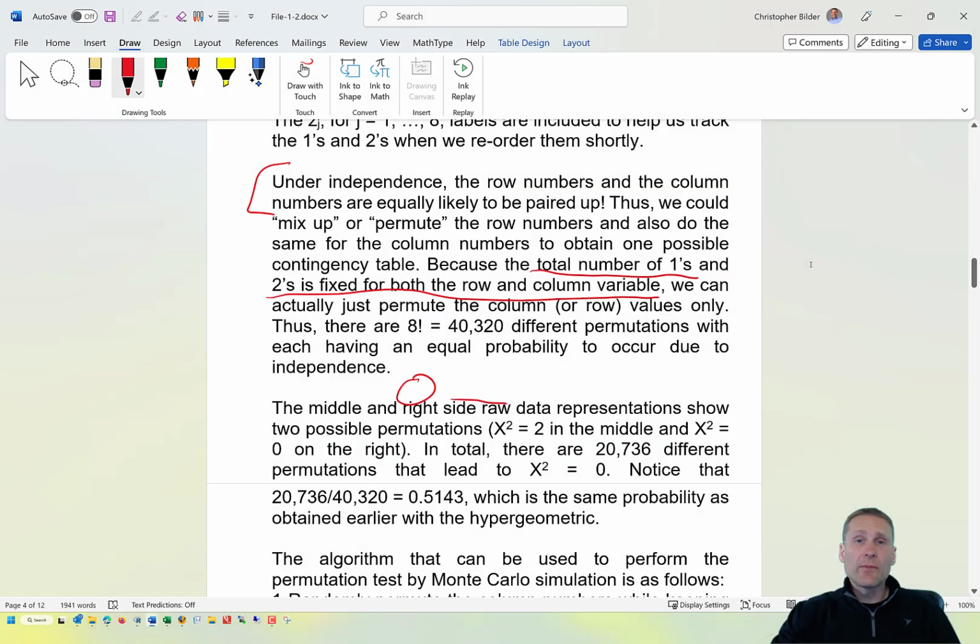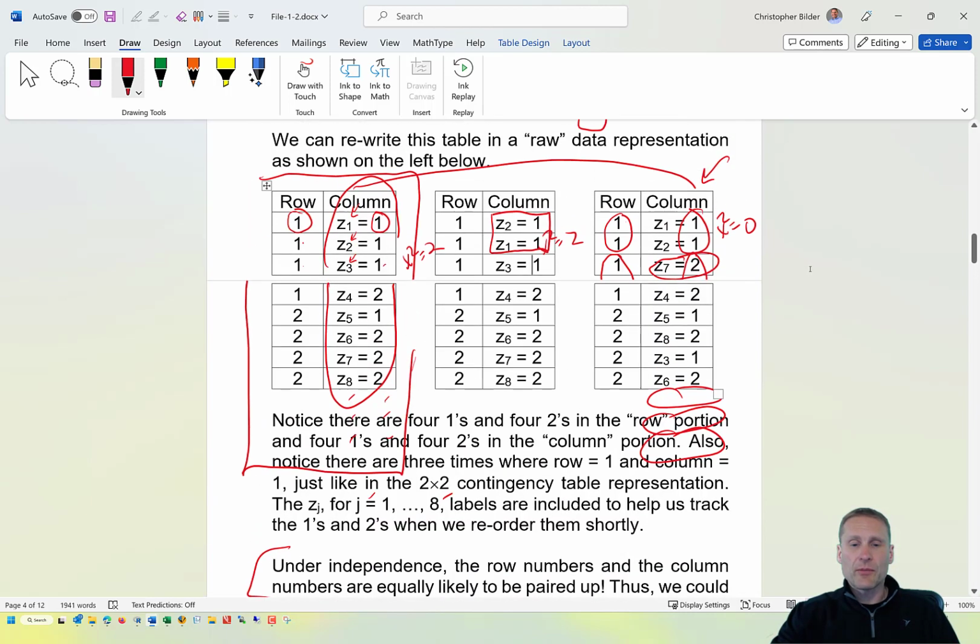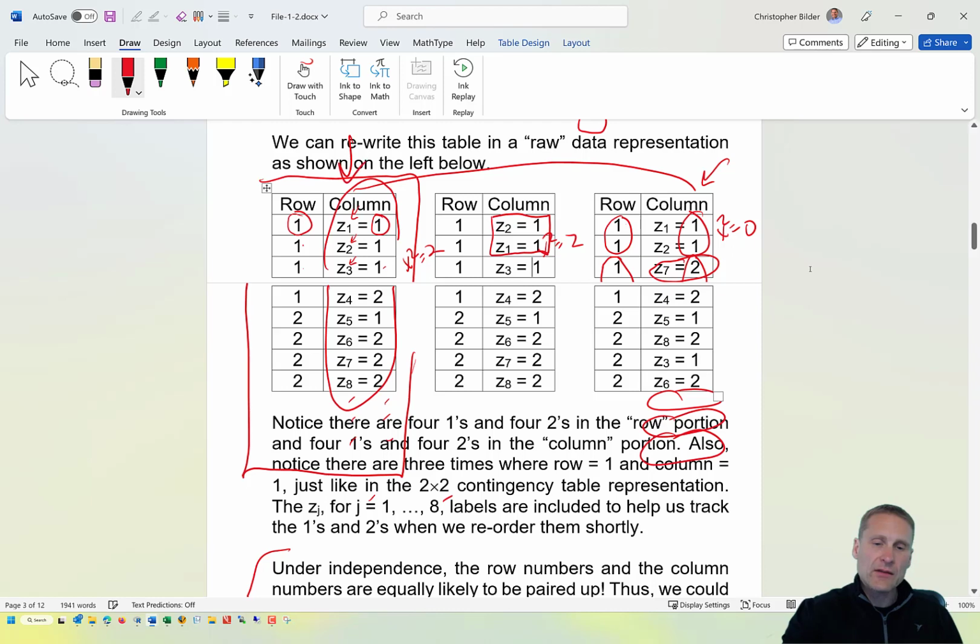Now, as we saw, some of the corresponding contingency tables of these 40,320 will be exactly the same. That's fine, but they do represent distinct permutations that can occur. We saw this up here, where these 2 raw data formats result in the same contingency table.